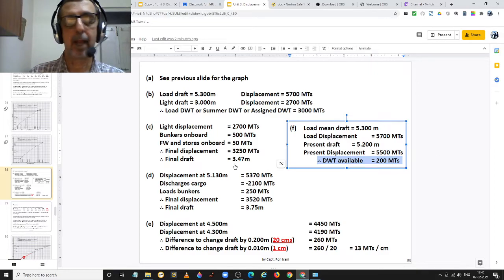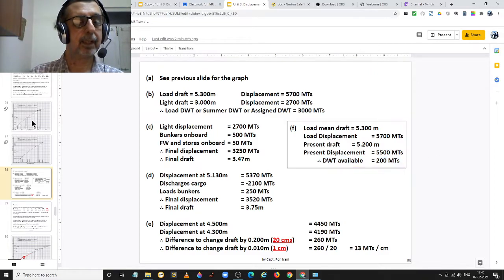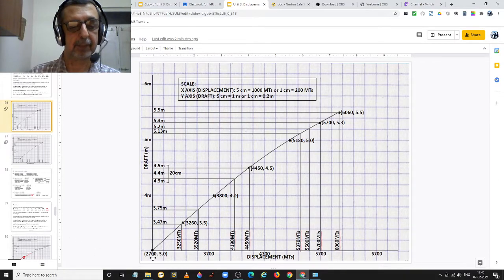Now, I would also like to point out that in this graph which we did, we started with the origin of 2700 metric tons on the x-axis and 3 meter draft on the y-axis.